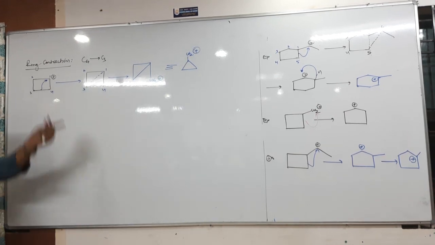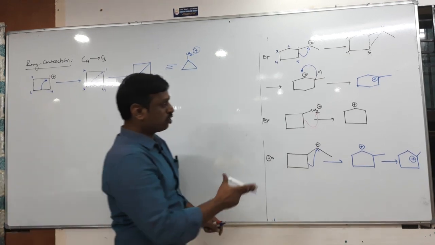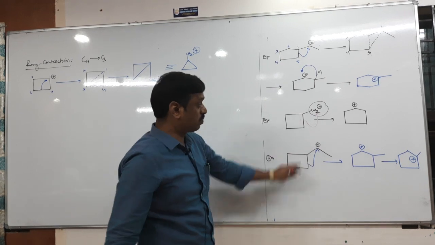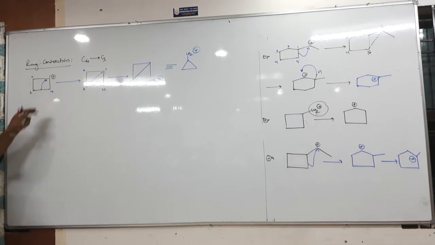So due to the formation of this, this conversion is possible. But what is the condition for the ring contraction? It is opposite to that. For ring expansion, the positive charge must be present outside the ring, on the alpha position with respect to the cyclic ring. But for ring contraction, the positive charge must be present on the cyclic ring. If not, contraction is not possible.